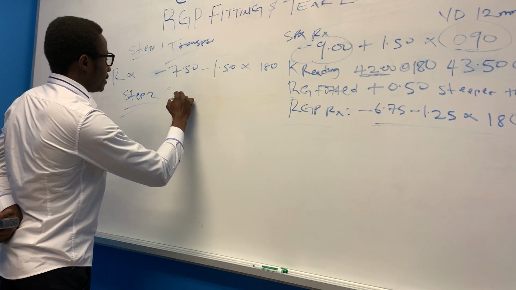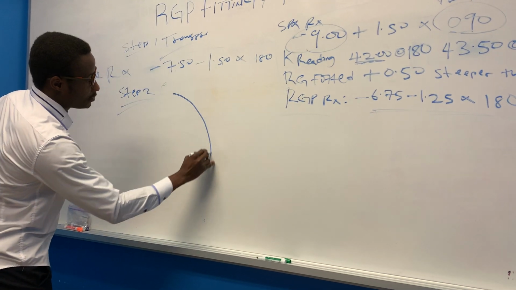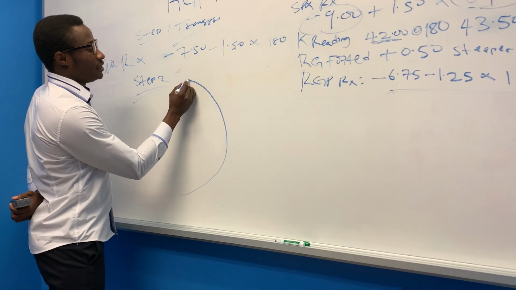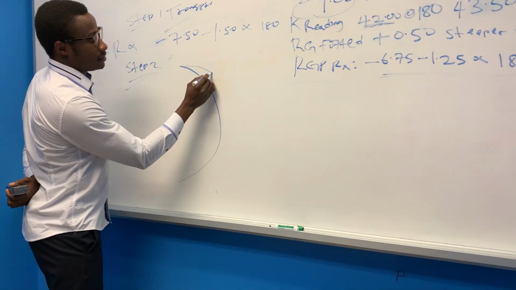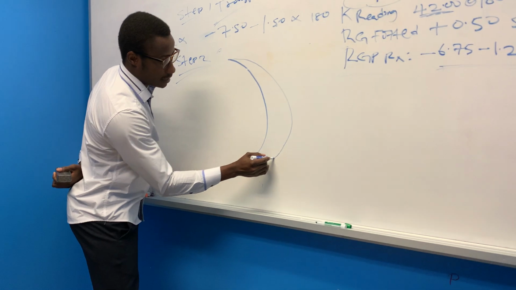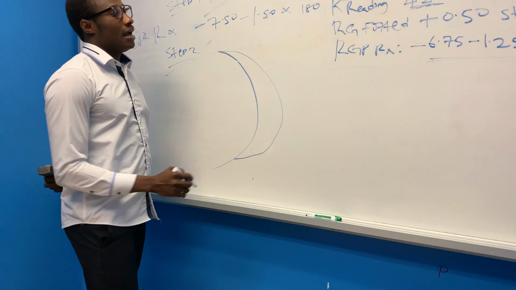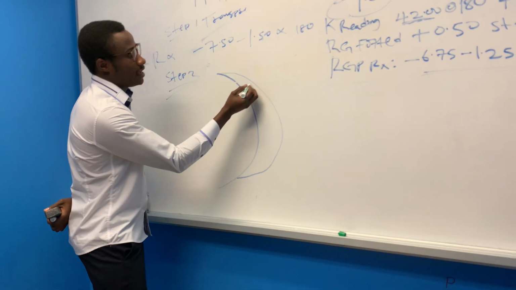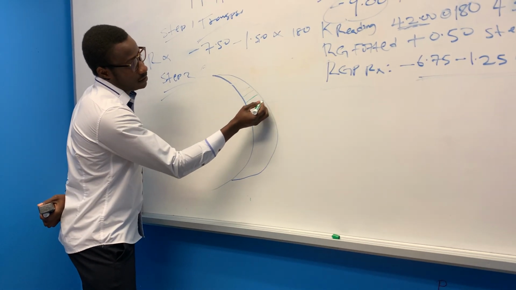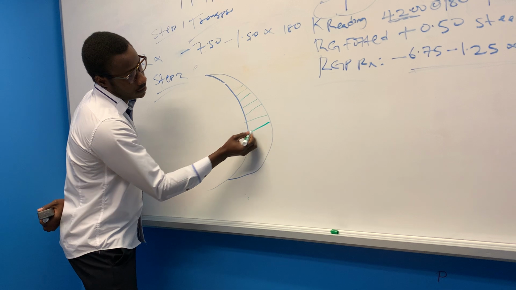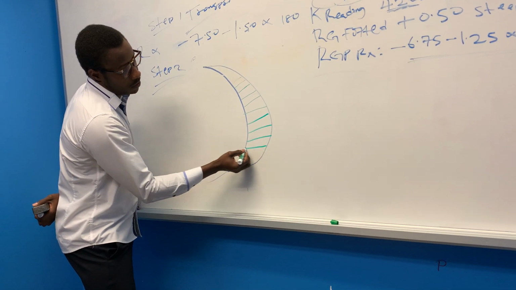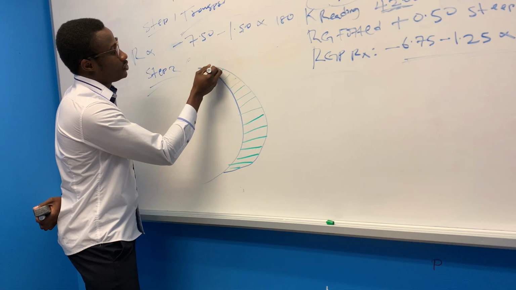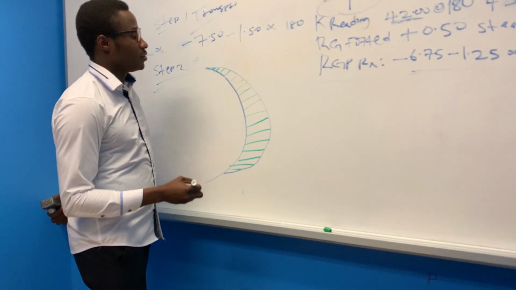Now I have a cornea. This is the patient's cornea here, and I fitted this RGP lens. You can see the RGP lens. And like I said, RGP lenses are always filled with tears in between. They are always accumulating tears between the back of the RGP and the front surface of the cornea.